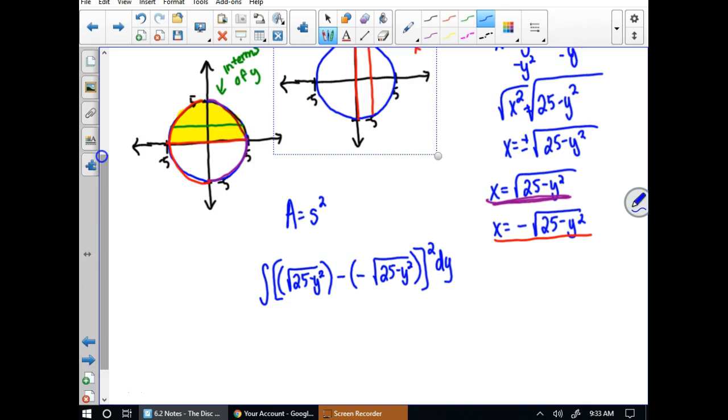We're not dividing anything by 2 or anything here, because the base of that square is that whole length between the 2. So we're just subtracting them.